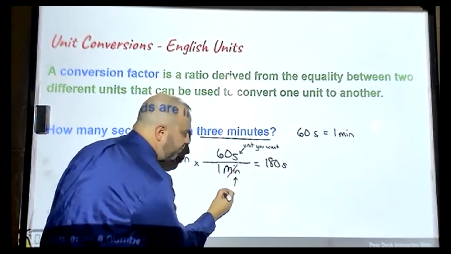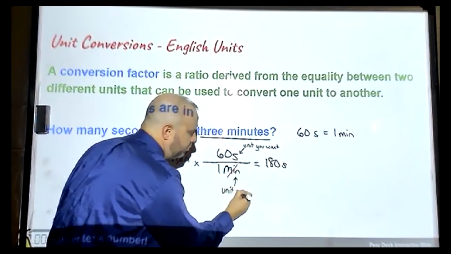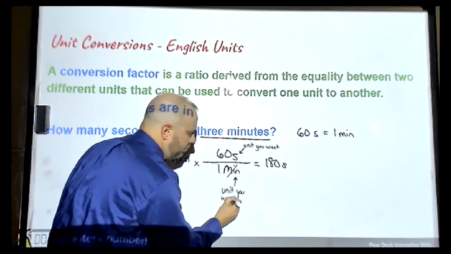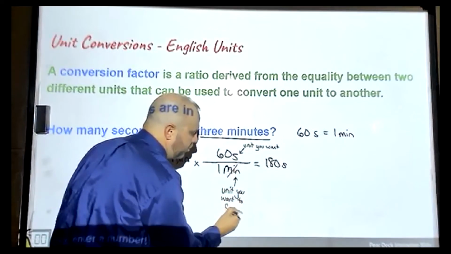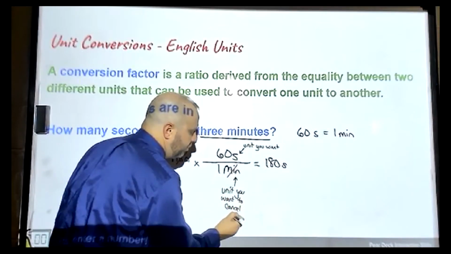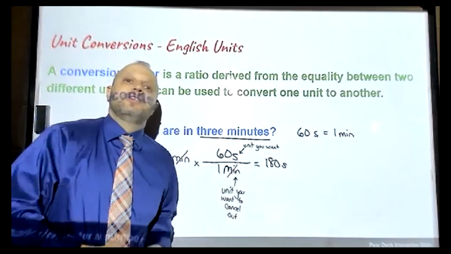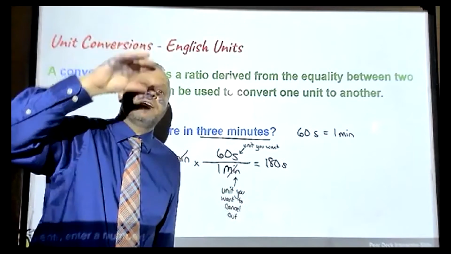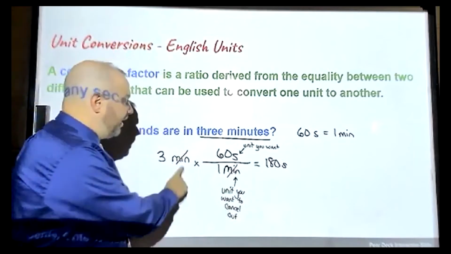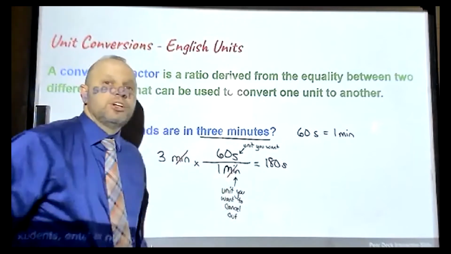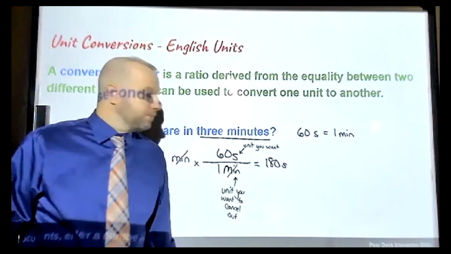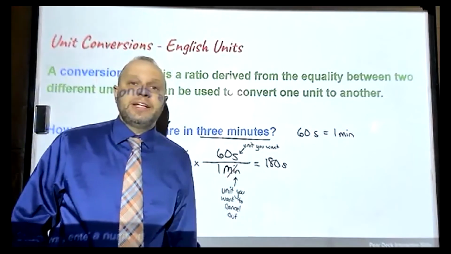On the bottom of the fraction, you're going to put the unit that you want to cancel out. So the desired unit should end up on top. The unit you want to cancel out, minutes in this case, should end up on the bottom. We wind up with 180 seconds.